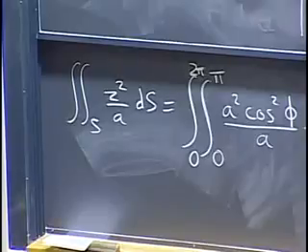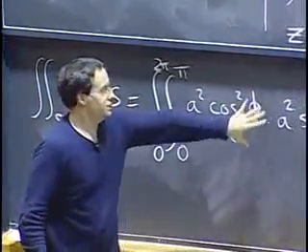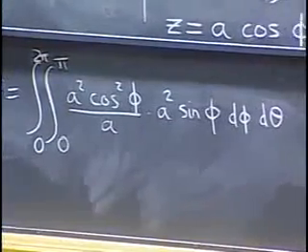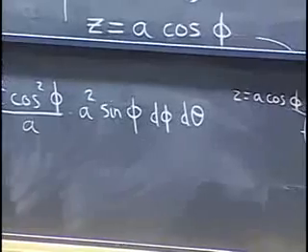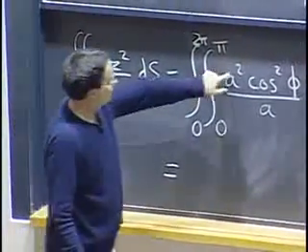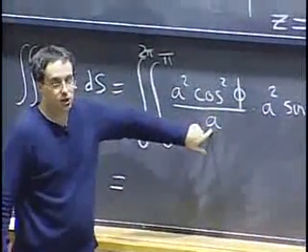Okay. And of course, I can get rid of some a's in there and take them out. So let's look actually at what number we get. First of all, we can take out all those a's. We get an a cubed.